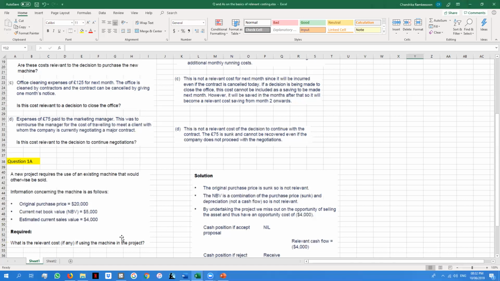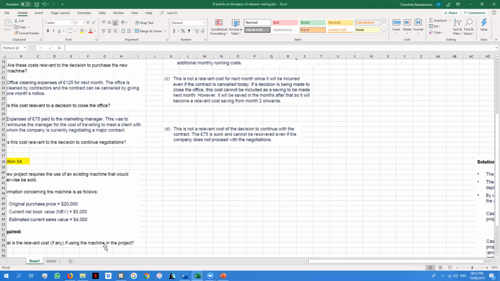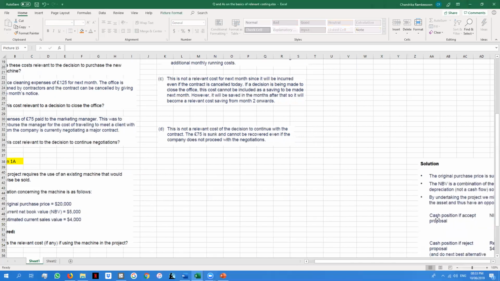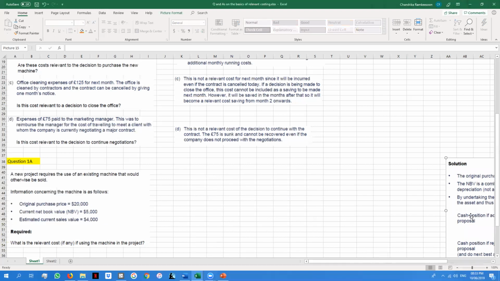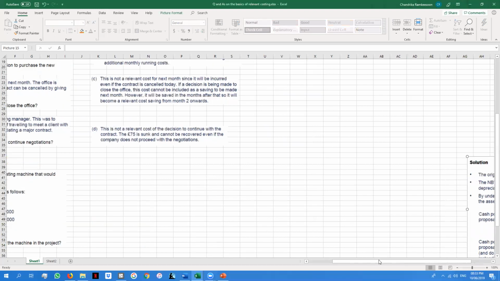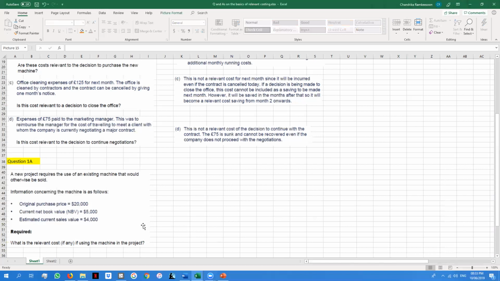Now let's take a look at those three values given. Before we look at the answer, although the answer is right there, the original purchase price of this machine is a sunk cost. Whatever you decide to do now, in other words, whether the machine is to be used on the project or sold, the original purchase price of the machine is not relevant.